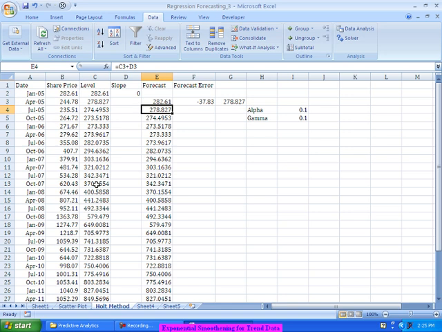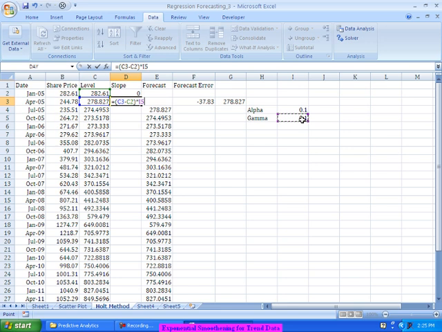So whatever is the change in the level, we'll give gamma weightage to that and find out the updated slope value, which is nothing but, here I'll take 278 minus 282. That is the change in the level over this period.